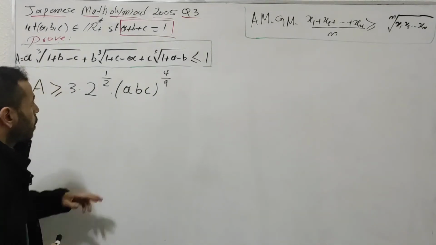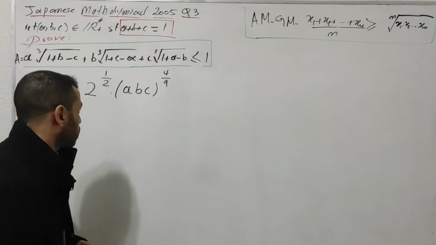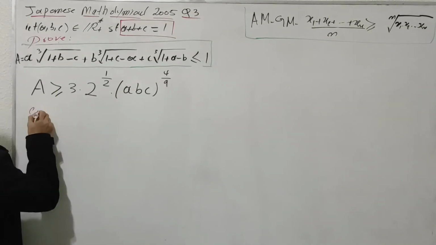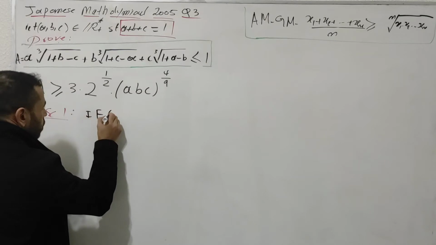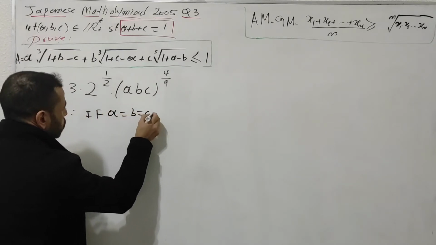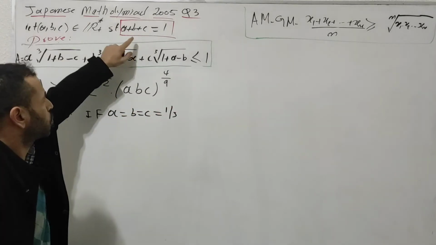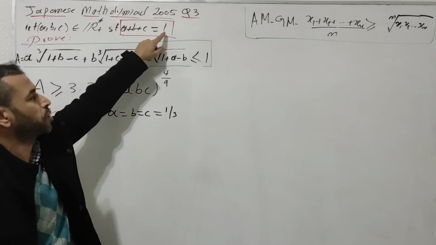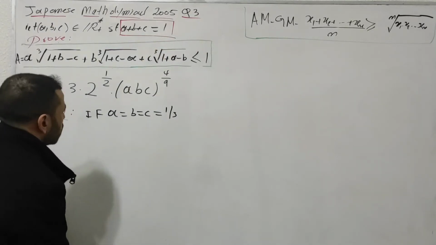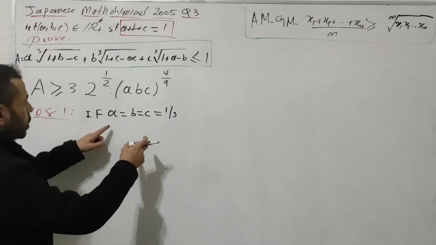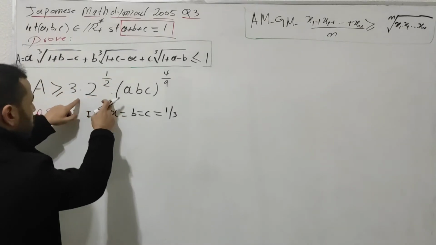So now I'm going to consider two cases. Let's consider the first case. Case number 1: if A equals B equals C equals 1 over 3, because a third plus a third plus a third is giving us 1. So let's take this case and plug this information into this inequality.